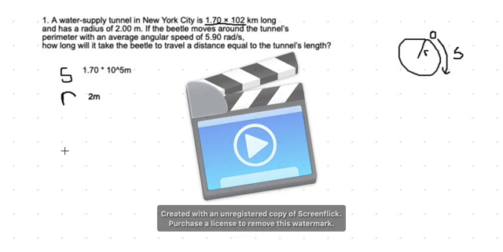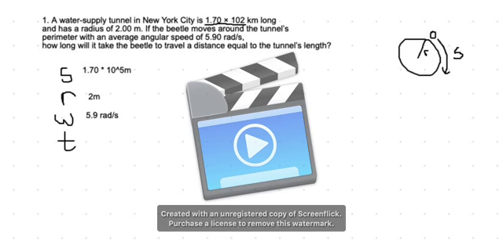So that is going to give me a theta in radians. Then I've got the speed of the beetle, which is 5.9 radians per second. And I'm being asked how long will it take the beetle to travel the tunnel's length. So I'm trying to find time.